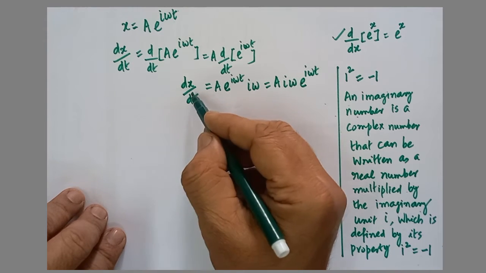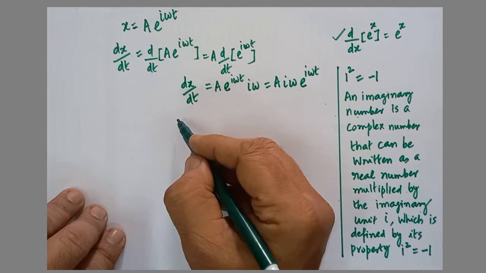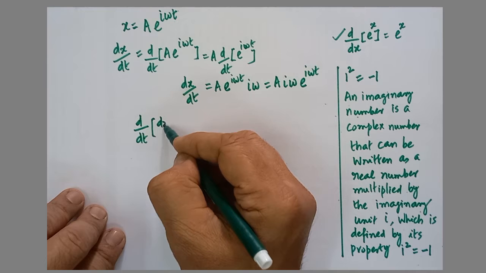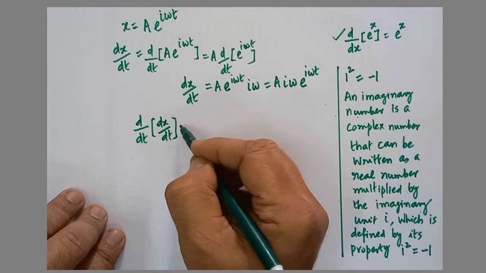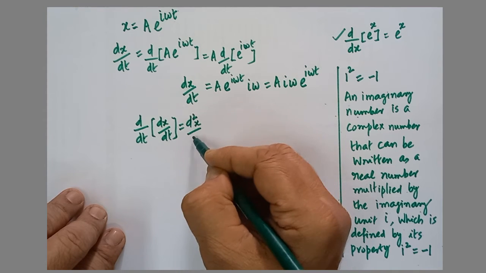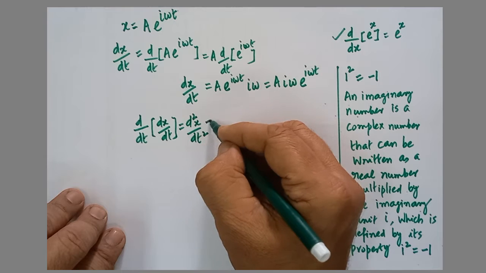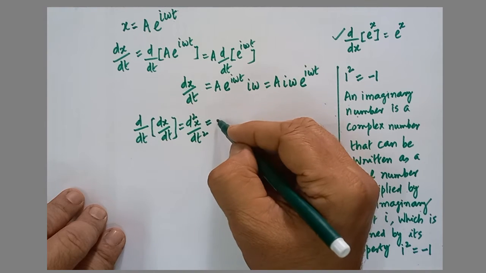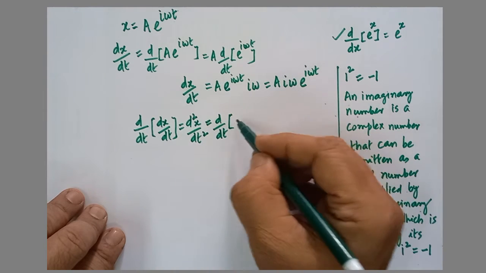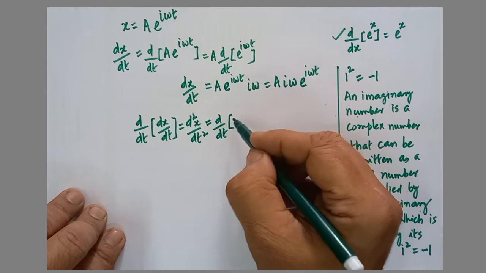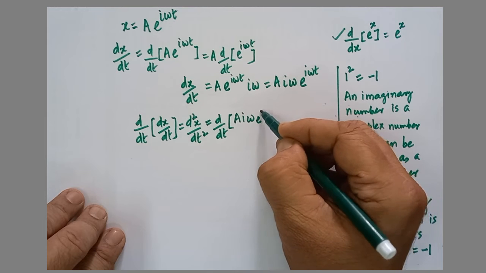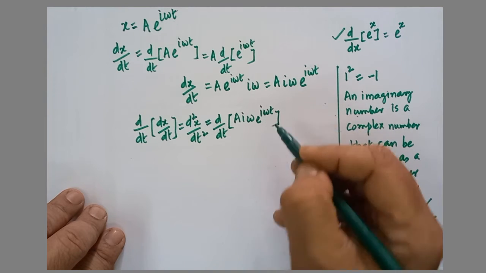Okay. Now, this factor dx/dt must be differentiated one more time. d/dt of dx/dt, that must be differentiated one more time, and you will get d²x/dt². So I will take d/dt of, already we know the value of dx/dt, A iω e^(iωt).